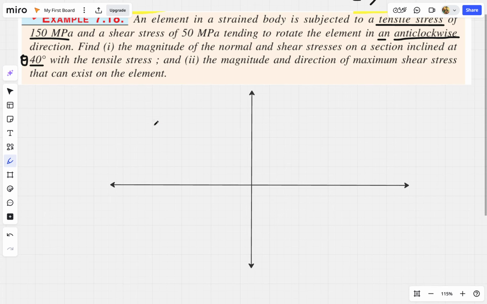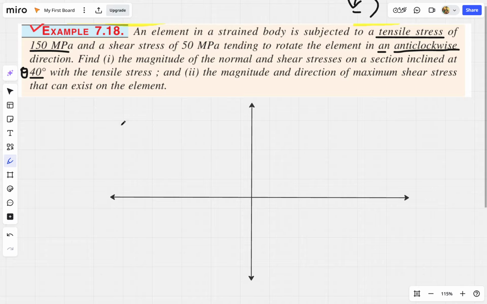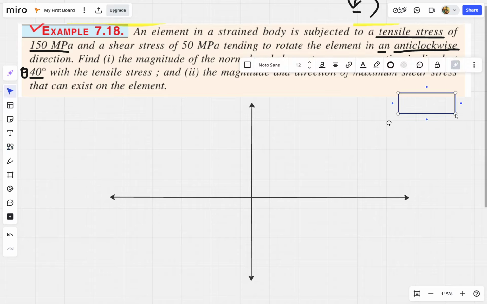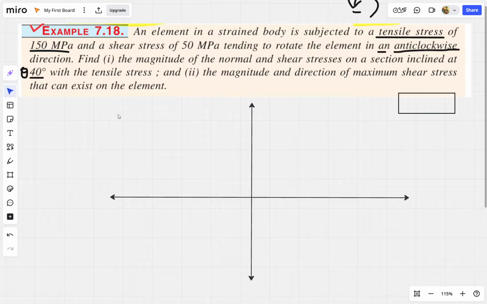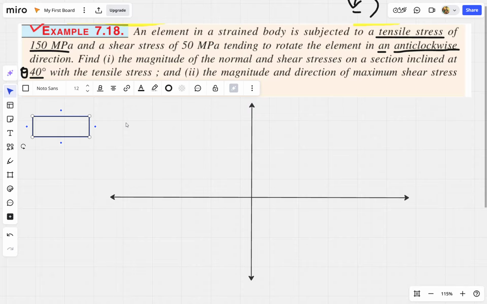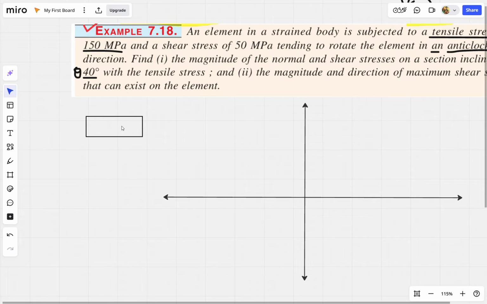For a clear understanding, I will draw the object. Let's assume that this is our object.